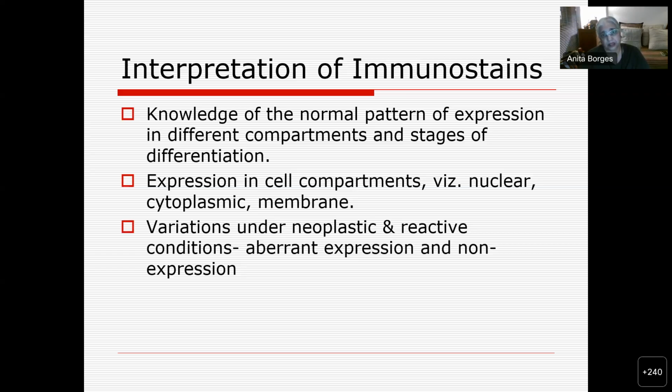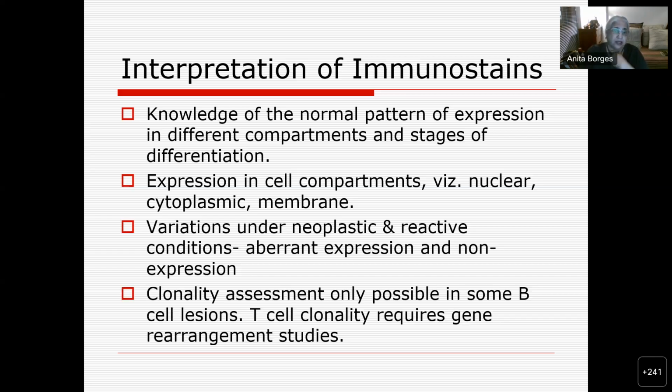But there are some B cell conditions in which CD5 is expressed. Okay, so I think we need to be aware that under neoplastic and sometimes under reactive conditions, you get aberrant expression of markers which you have to be aware about, otherwise you're going to fall into some kind of pit.